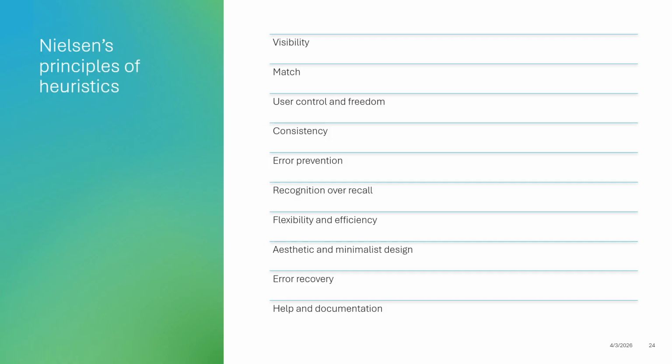Also, user control and freedom. There are elements where we need to guarantee that the user is in control, and that they can go back and forward and skip things they already know when they are developing skills. That capability of being in control is really important. Consistency is we use the same types of fonts, and the same icons to represent the same functions.